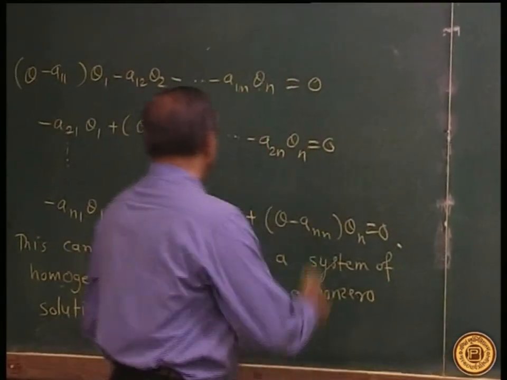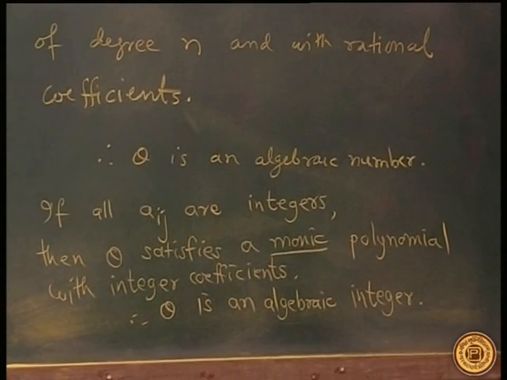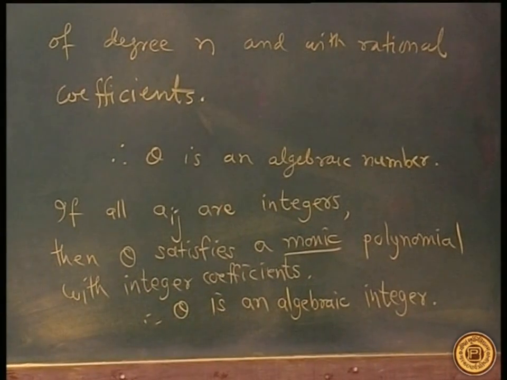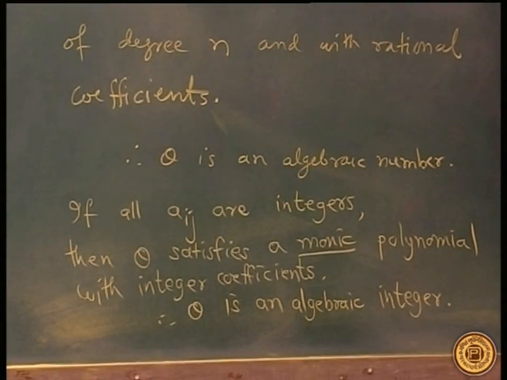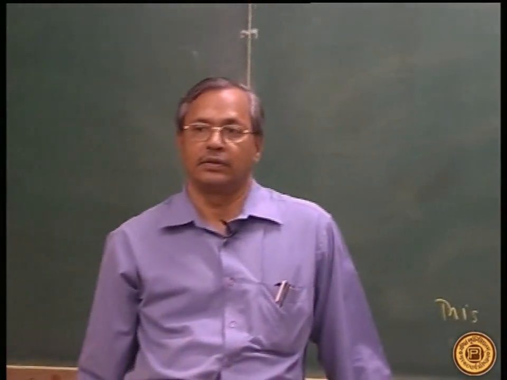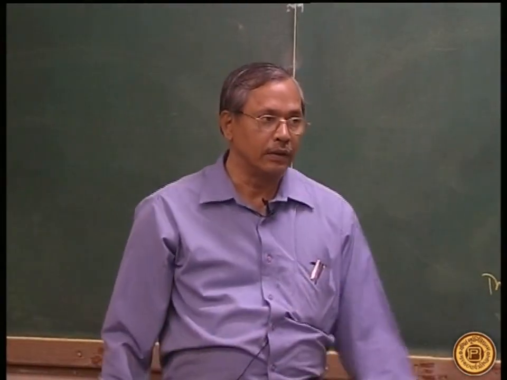So now we will use it and show that sum, difference, product of algebraic numbers is an algebraic number. Sum, difference, product of algebraic integers is again an algebraic integer.